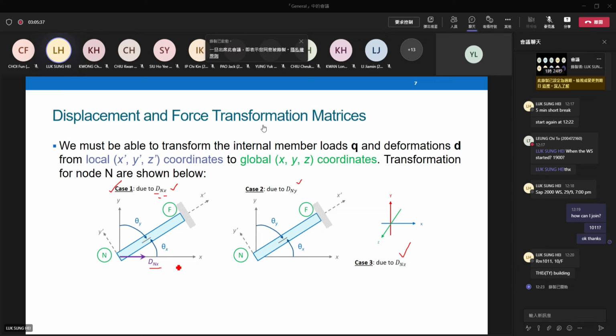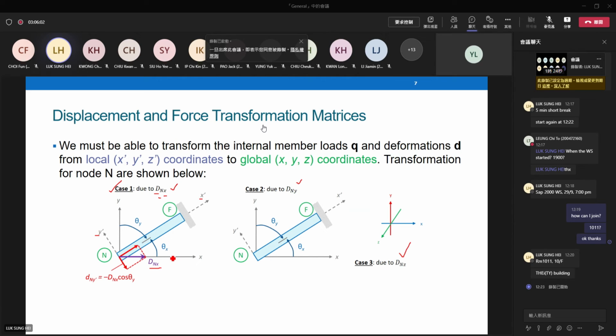You can map them back into the local coordinate system, x prime and y prime. Then you can find the relationship between local and global coordinates for one direction of movement. Say, for example, I map them back to the x prime and y prime axes by doing projections. They are indicated by the red arrows in the picture.